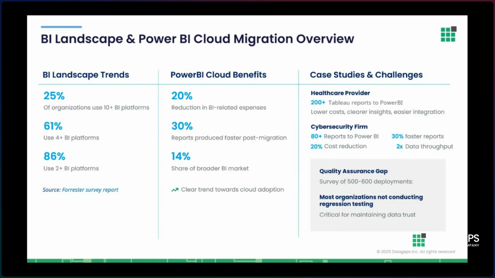The second pillar is visual regression, so side-by-side comparisons of screenshots, highlighting the layout of the reports, the text, or any kind of drift in the values shown. The third pillar is filters and parameter matrices, where you automatically click through several combinations of filters and slicers to confirm the result.